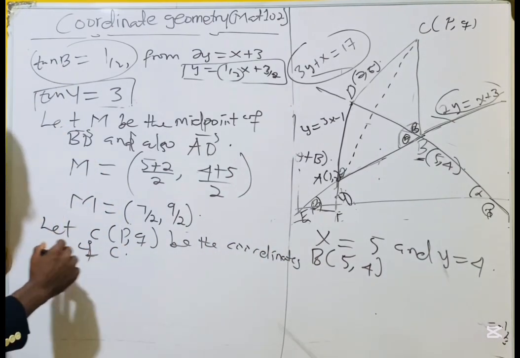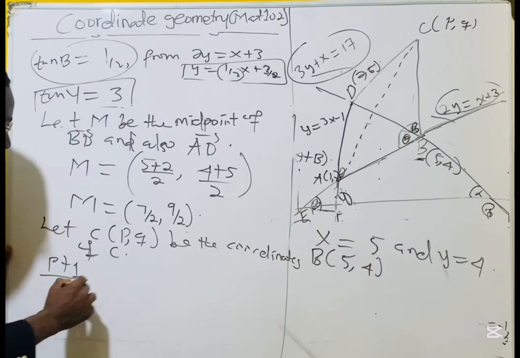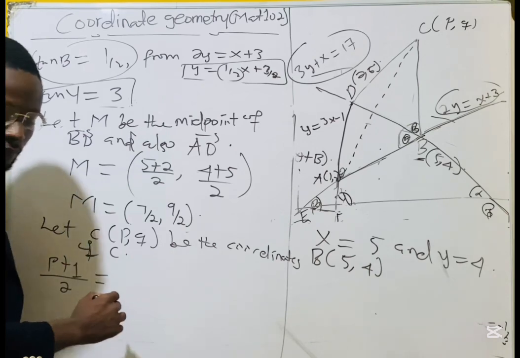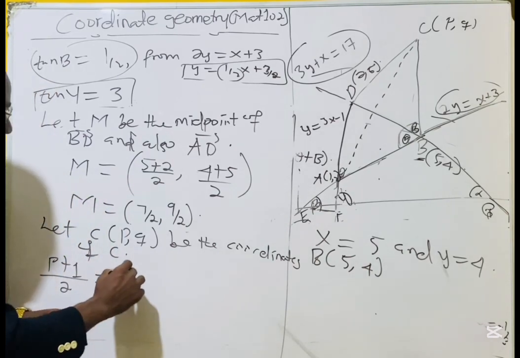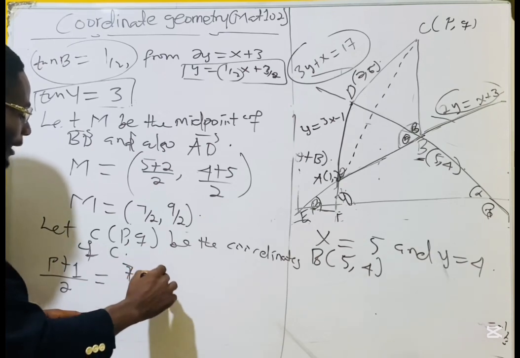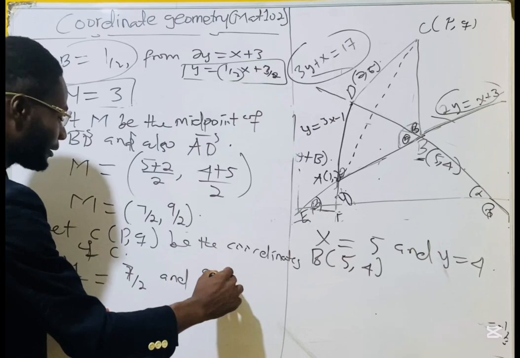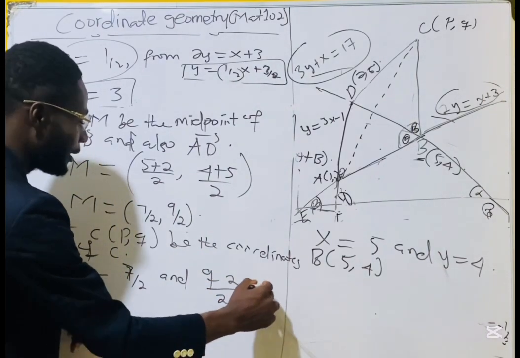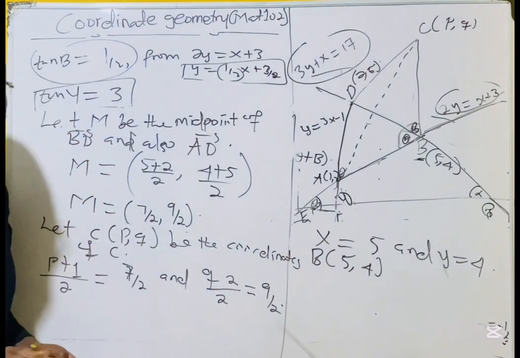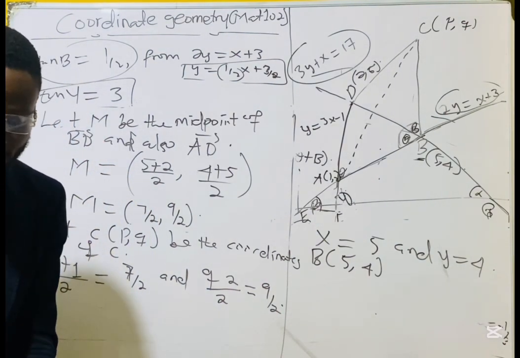So we're going to say that P plus 1 over 2 should be equal to 7 on 2, right? And Q plus 2 over 2 should be equal to 9 on 2, right? So that we can find the coordinate of C.